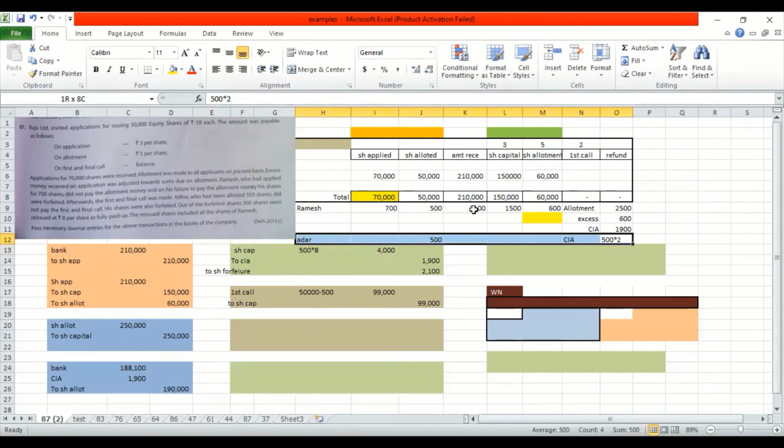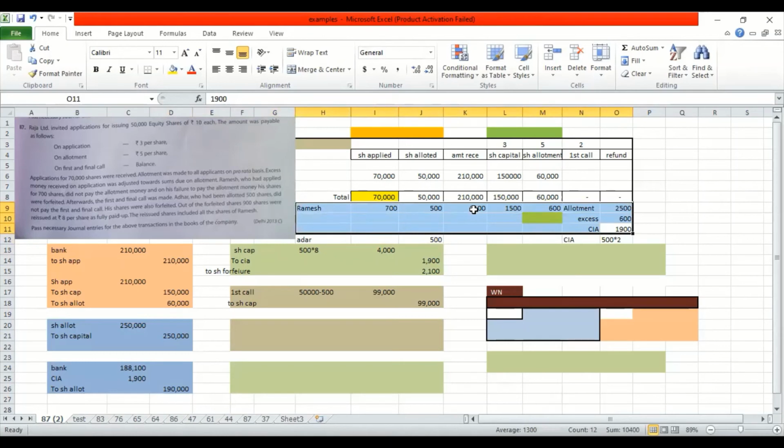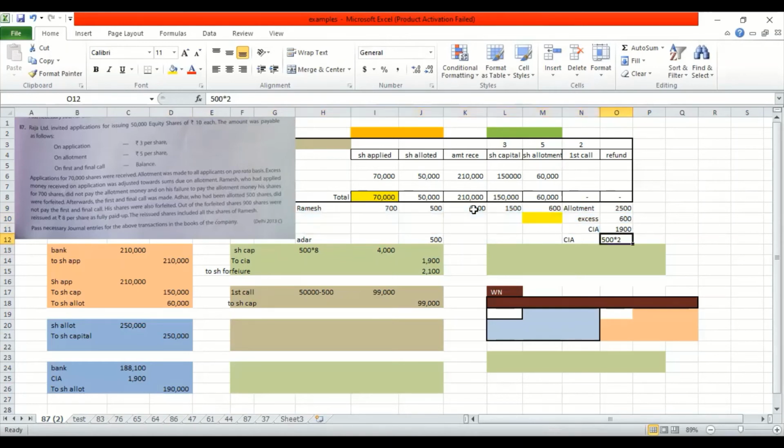We don't have to do all these steps because this step we did to understand the excess money flown in allotment. Did any excess amount go to first call? No. So that is why we can straight away say Aadhar is a defaulter of 1000. The journal entry is bank account debit, call in arrears debit to first call. So that is 99,000.